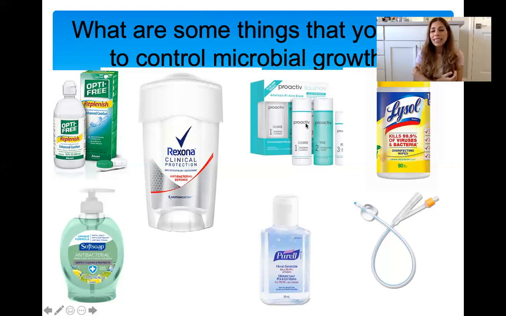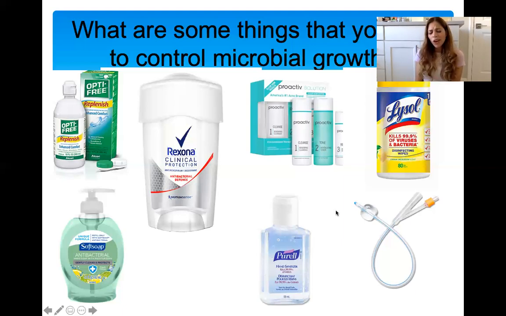Acne is typically caused by bacteria, so we use different acne products to control their growth. And then disinfectant wipes. Disinfectant wipes are a very important one, especially these days, because there are so many chemicals inside to stop bacteria and viruses from growing. Hand sanitizer has a ton of alcohol in it, most hand sanitizers.